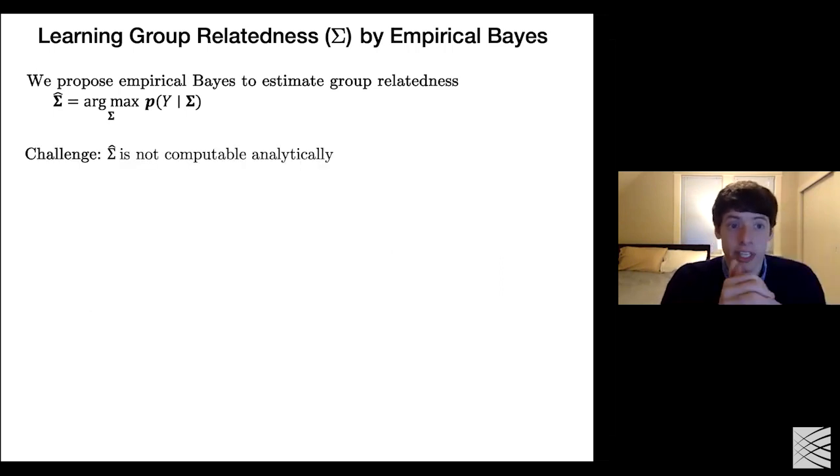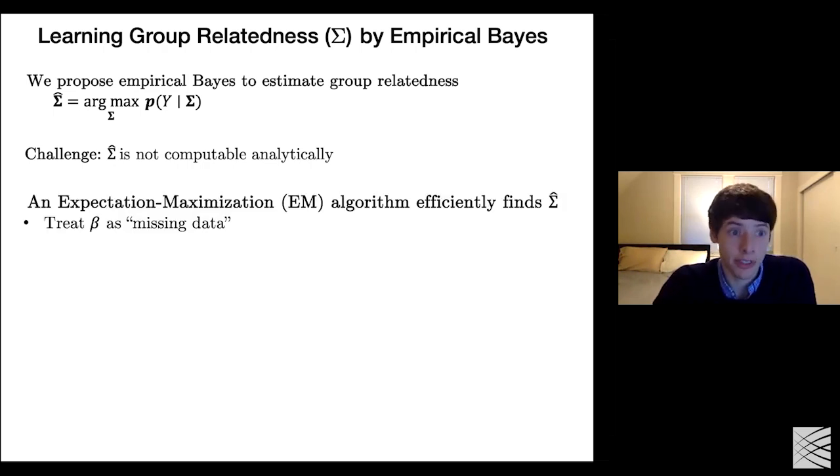Here we run into a challenge that, in contrast to the posterior mean, the solution to this optimization problem is not computable analytically. We don't have a closed form expression for this. To address this challenge, we've developed an expectation maximization algorithm that efficiently finds the matrix that solves this optimization problem.